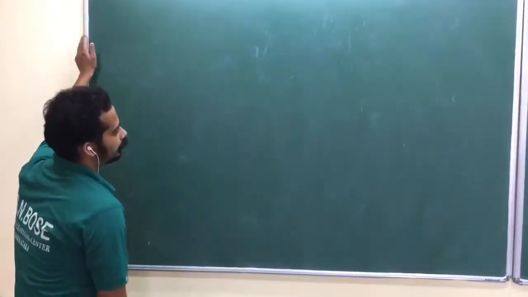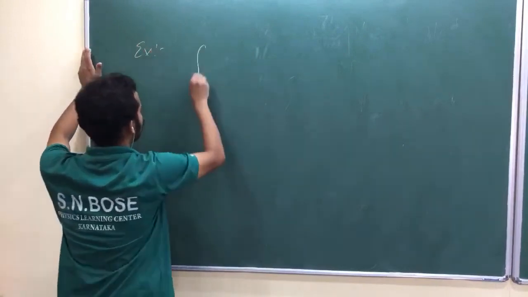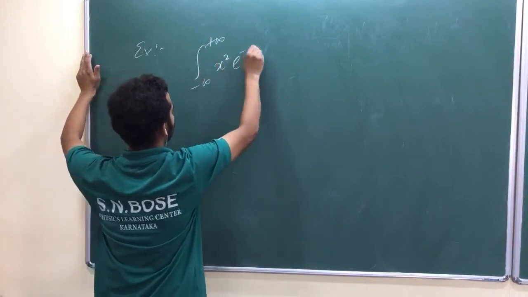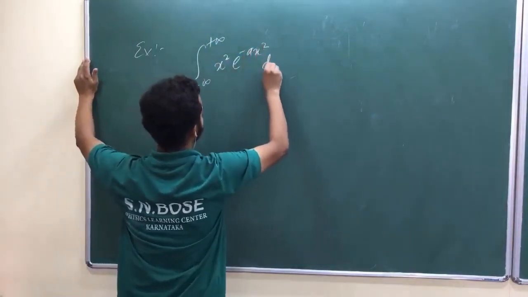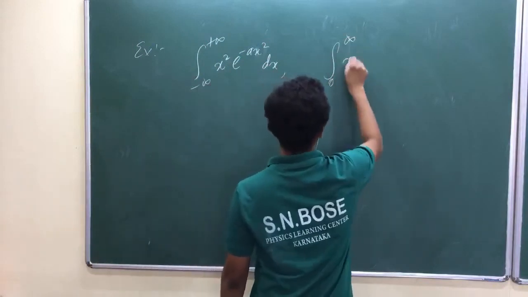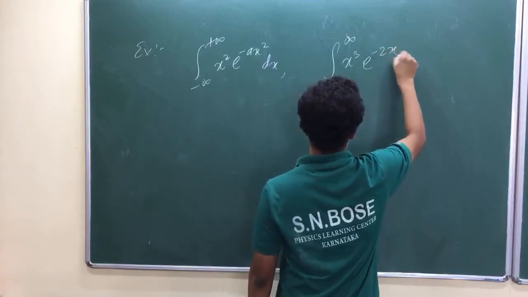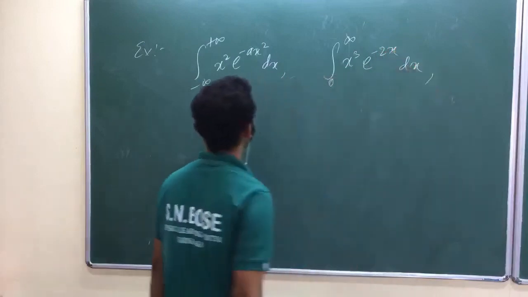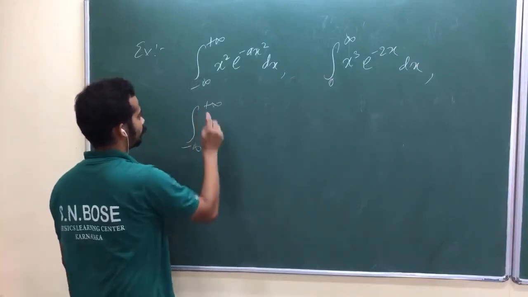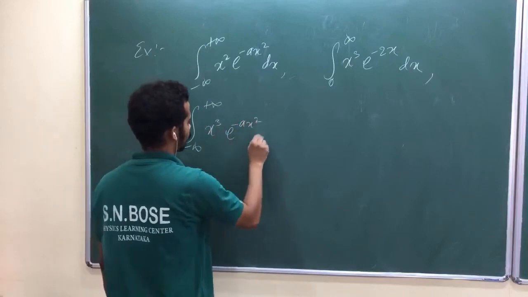Yeah. Now I'll give some examples. You should integrate minus infinity to plus infinity x square into e power minus a x square dx. Integral 0 to infinity x cube into e power minus 2x dx. Integral minus infinity to plus infinity x cube into e power minus a x square dx.